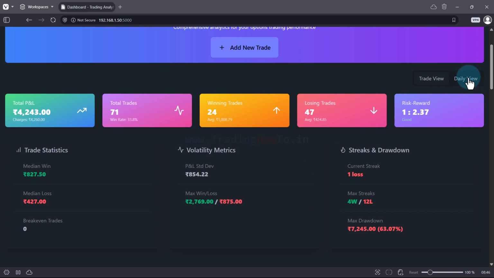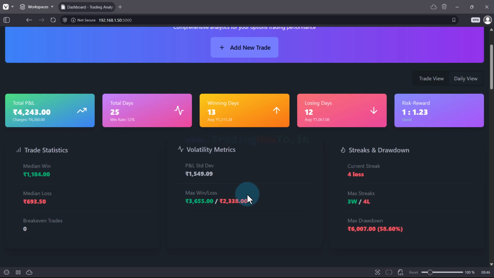Now if I change my view to daily view, we can see the profit is the same. Total number of days I have traded is 25, winning days 13, losing days 12. Average amount on my winning days is 1,311. Average amount on my losing days is 1,067. If I use that for a risk reward calculation, it will be 1:1.2.